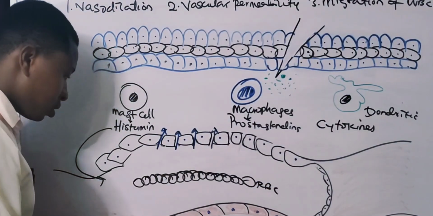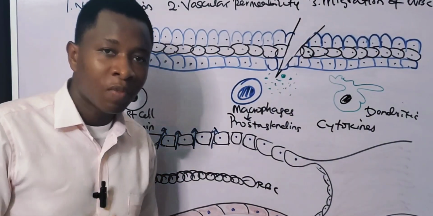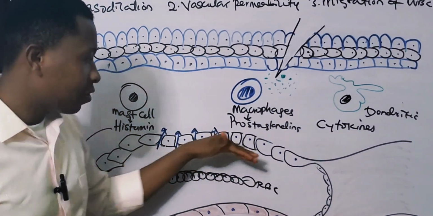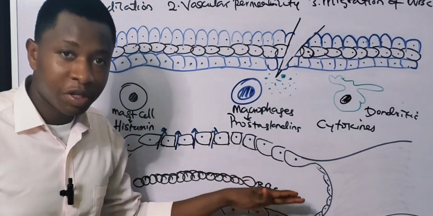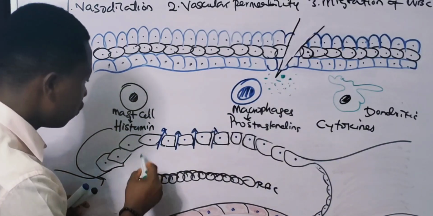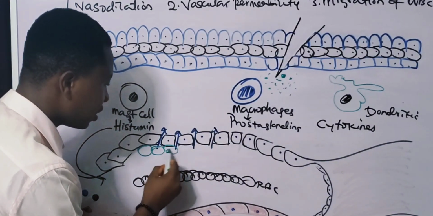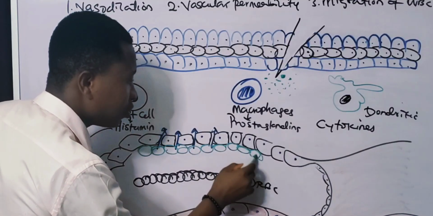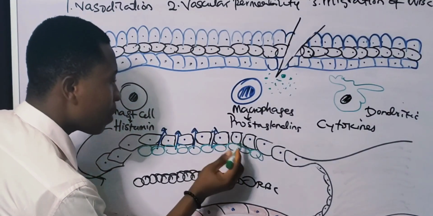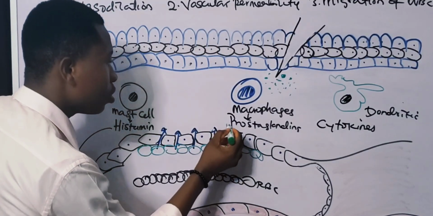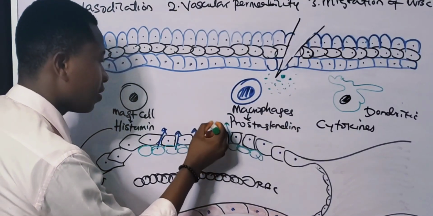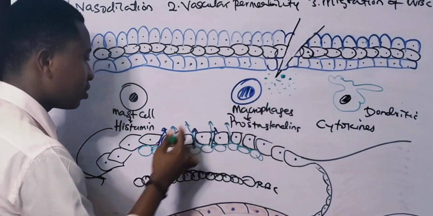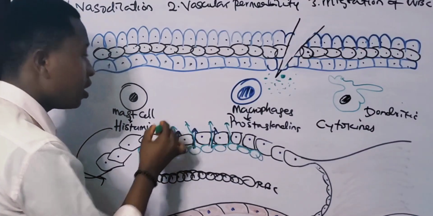The white blood cells begin to move to the margins of the blood vessel. What does that do? It helps them to pass through these spaces to assist these other cells in fighting the infection.